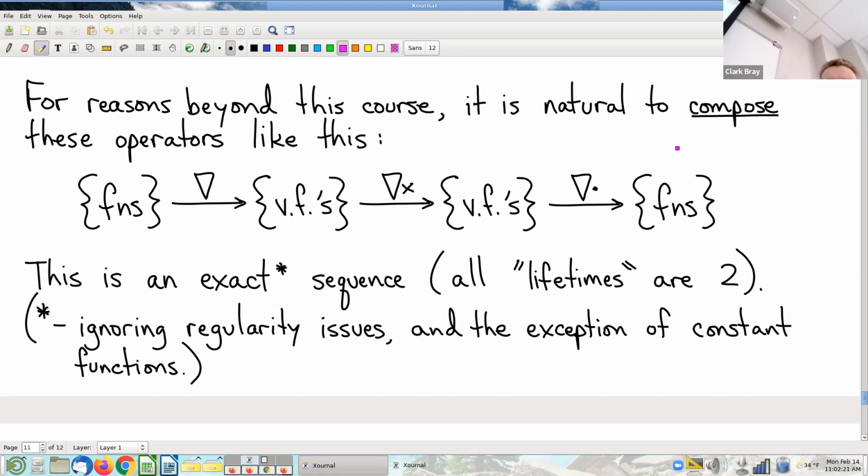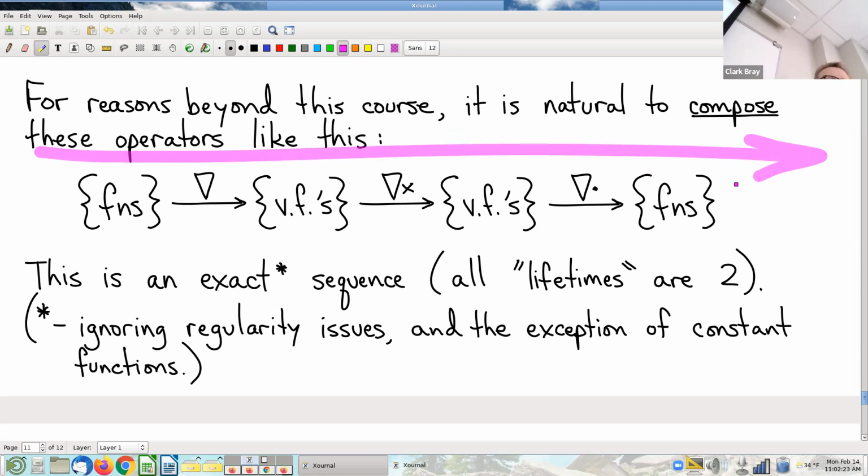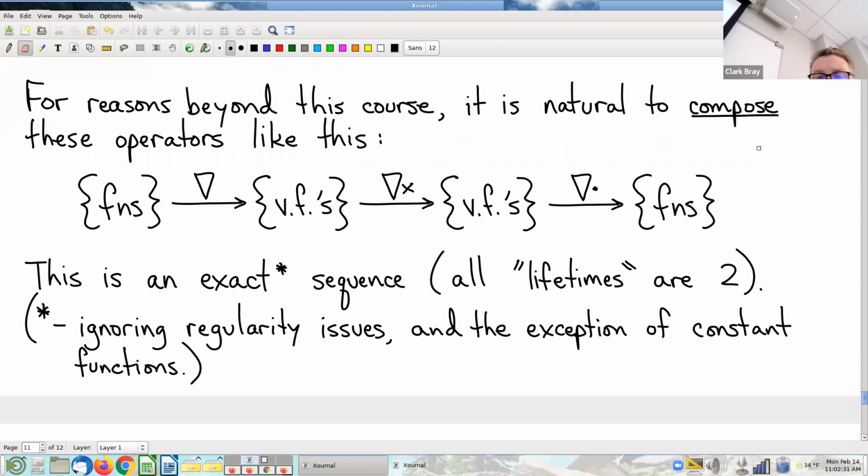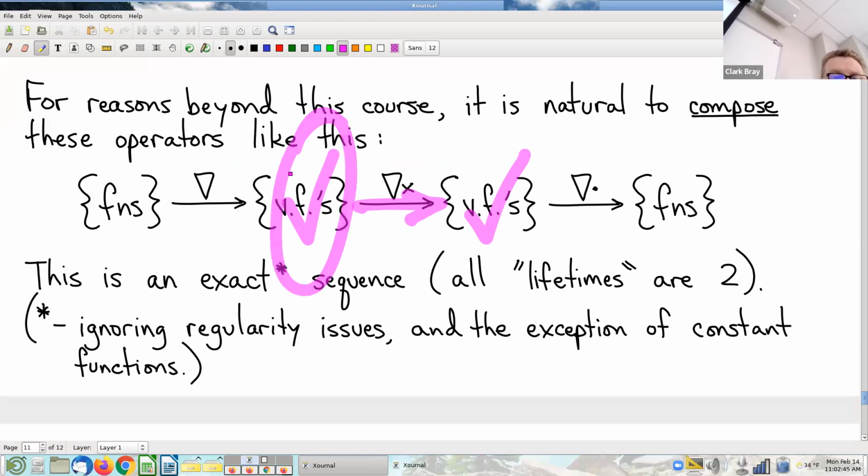So let's think of this as kind of a t-axis, and again, this is a metaphor, so don't hold me to anything rigorous here. If you think of this diagram as representing the passage of time, if you have a vector field here, and you take its curl, and you get another vector field there, I'm going to think of this as, okay, well, this vector field was alive.